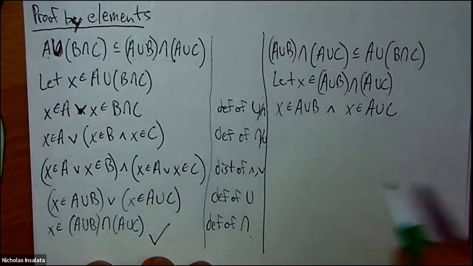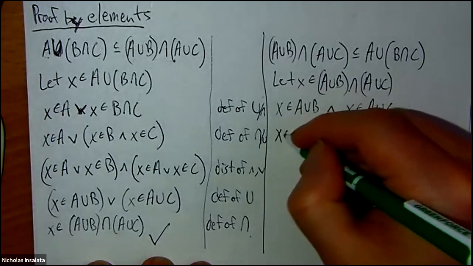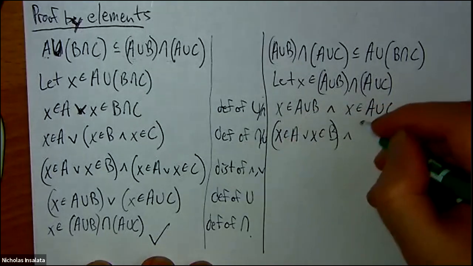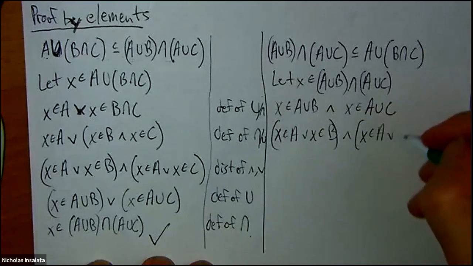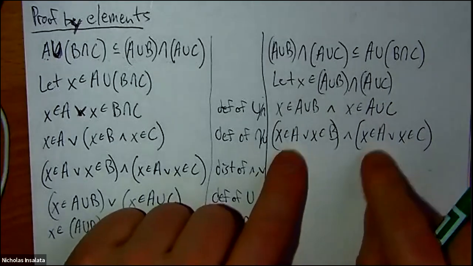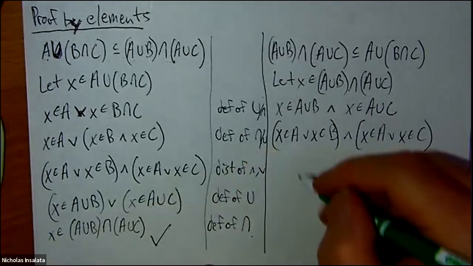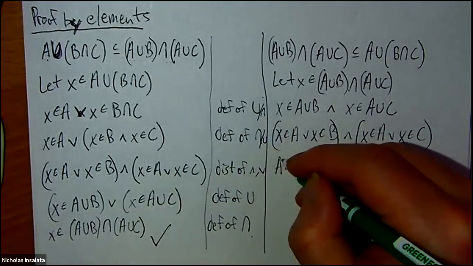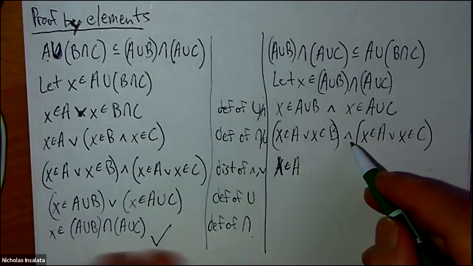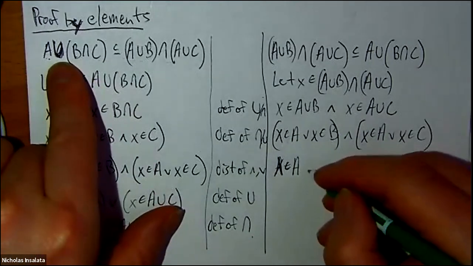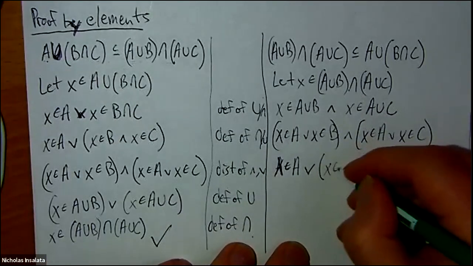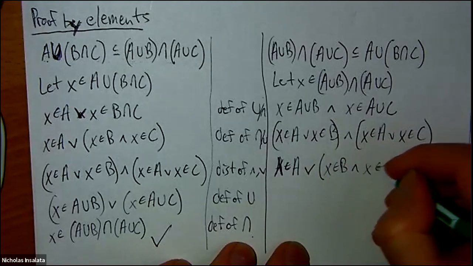Then we'll use the union definition and say X is an element of A or X is an element of B, and X is an element of A or X is an element of C. Then we use the distributive property to distribute out the X is an element of A part, and we'll get X is an element of A or X is an element of B and X is an element of C.